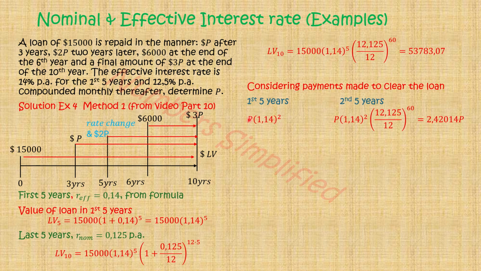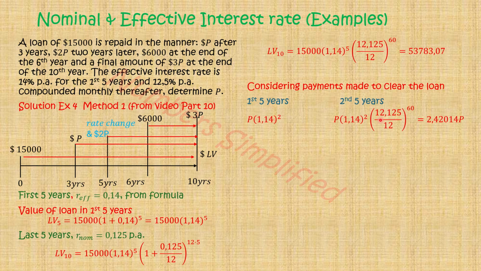However, in the last 5 years or the second 5 years, that is going to accrue interest for the rest of the 5 years in the second period. So the initial amount in the second 5 years would be P times 1.14 raised to the power 2, which was a carryover from the first 5 years, times the new rate in the last 5 years.